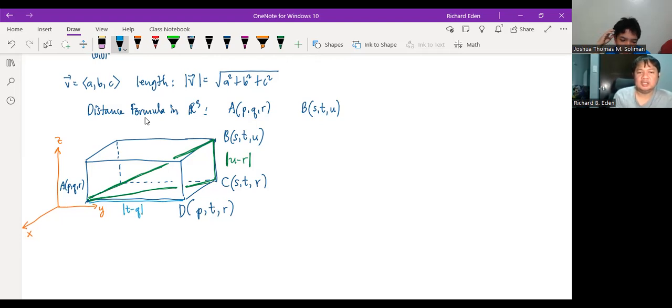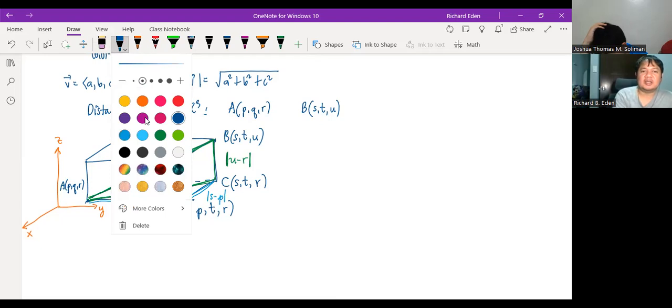And from D going to C, what changed is the x coordinate between P and S. So the length of CD is the absolute value of, let me write it down as, S minus P. Para lang uniform dun sa pagsulat natin mamaya.